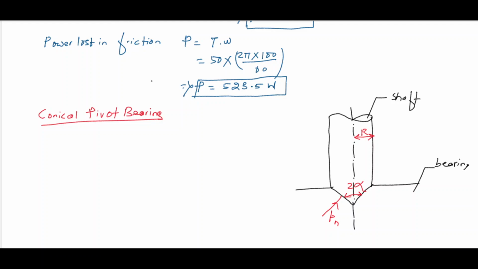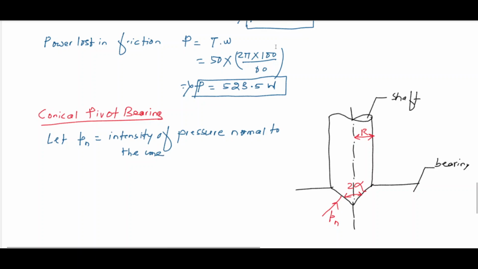So now let Pn be the intensity of pressure normal to the cone.